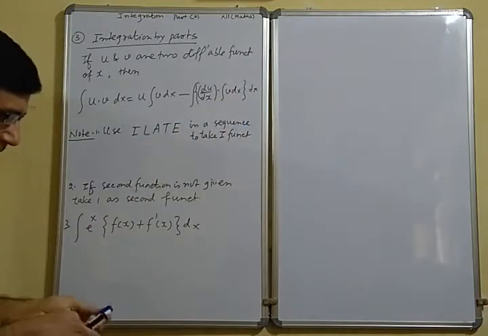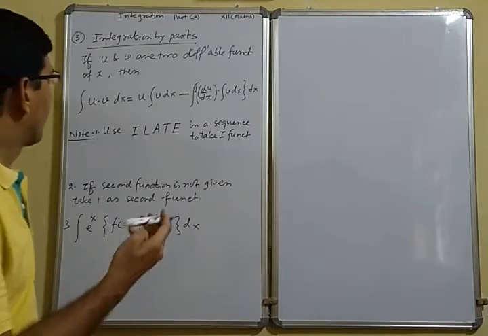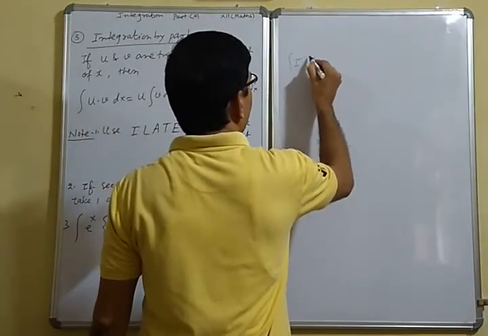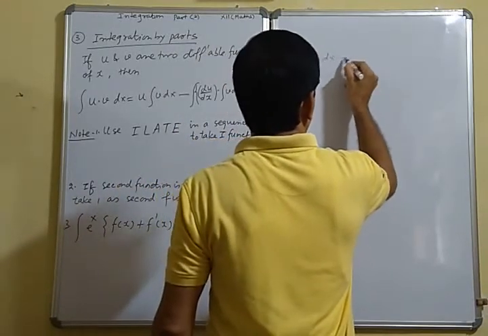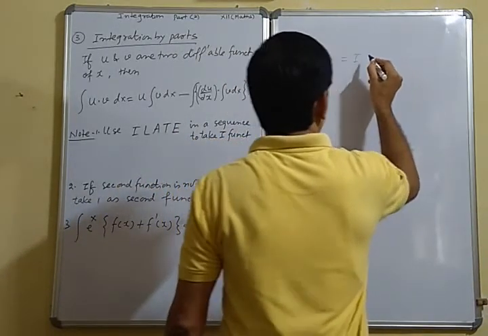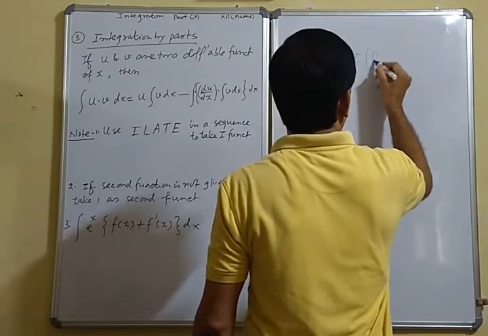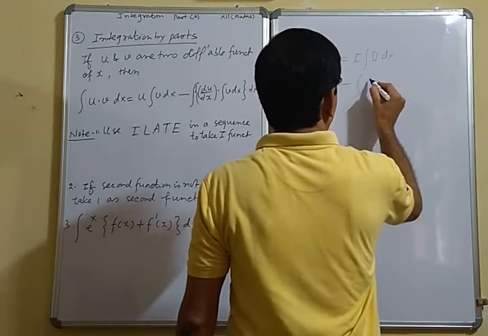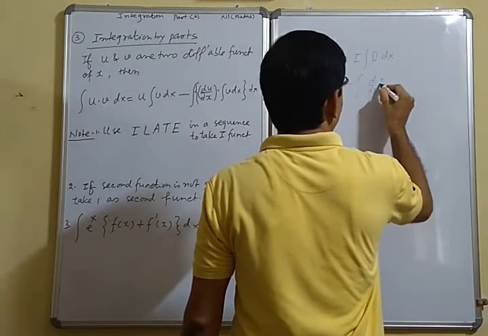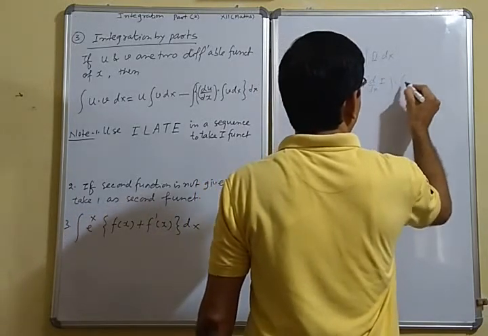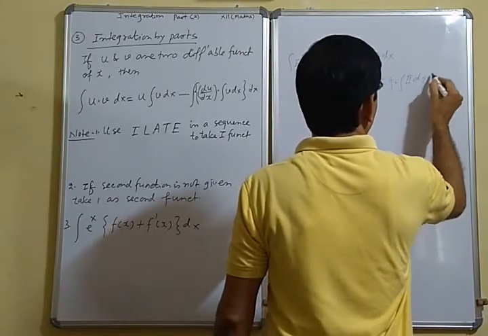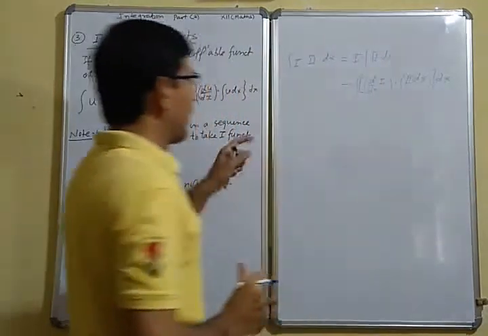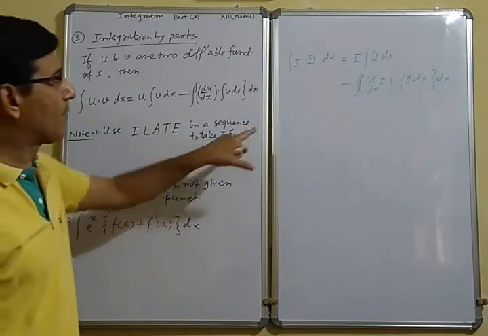That is one more way to learn this: integration of first into second function dx is equal to first function into integration of second function minus integration of (d by dx of first function into integration of second function) dx. So this is by parts.